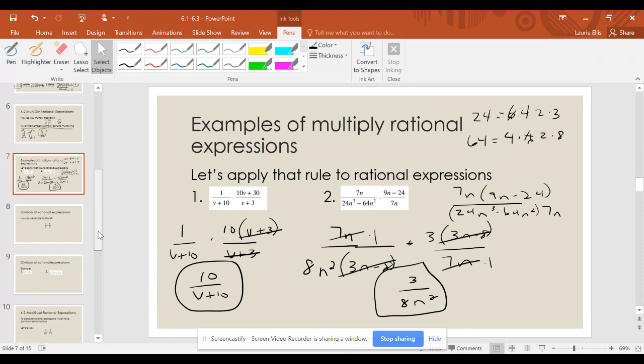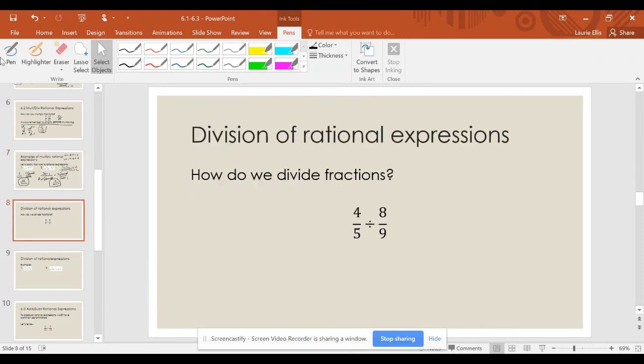Okay. All right, so now we're going to talk about division. So with division, you always multiply by the reciprocal. My students would always remember KFC. I had never heard that before. I mean, heard of KFC, but not in terms of fractions. So they would always write down keep, flip, change.